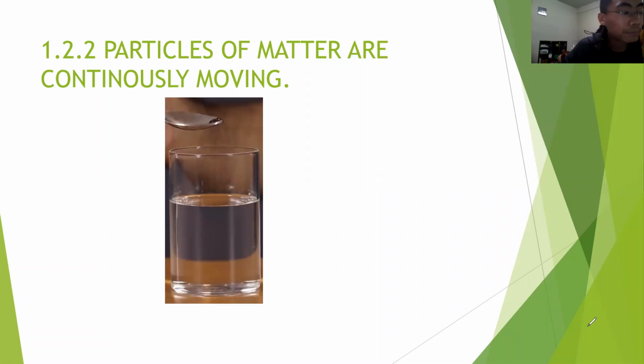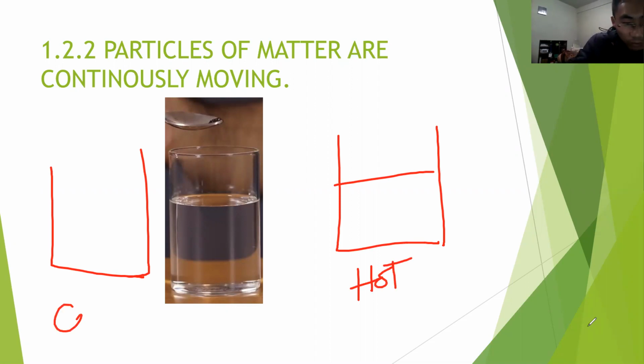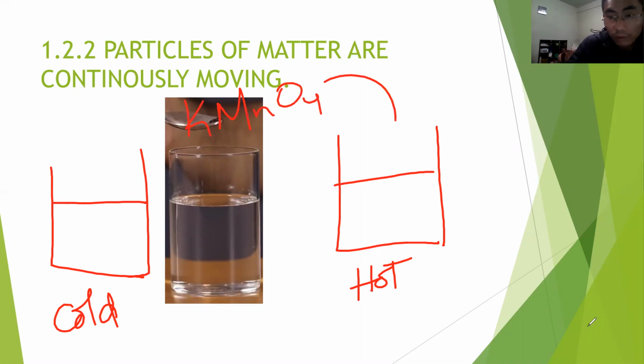Now, coming down to the next activity again. In this case, consider two glasses of water, where you have hot water in one and cold water in the other. Now, put potassium permanganate in both.